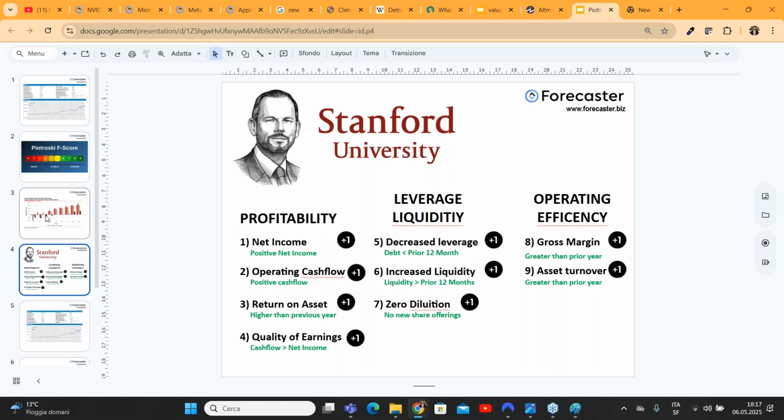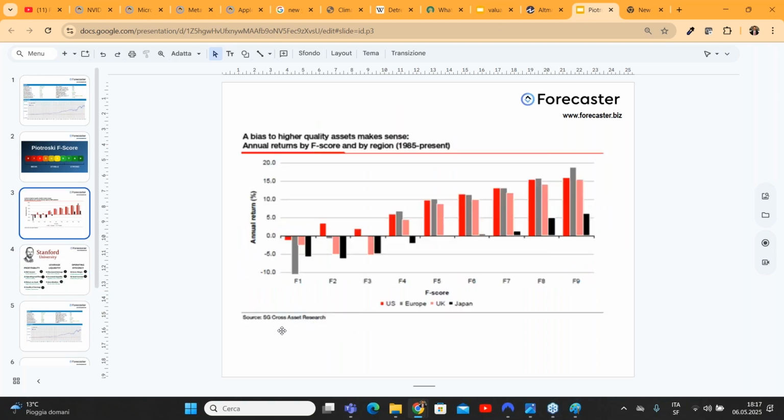This ratio is very interesting because this is a study from Société Générale, a very important European bank. And as you can see, they divided all the companies from US, Europe, UK, and Japan in groups. Companies with a Piotroski F score of 1, 2, 3, 4, 5, 6, 7, 8, 9.